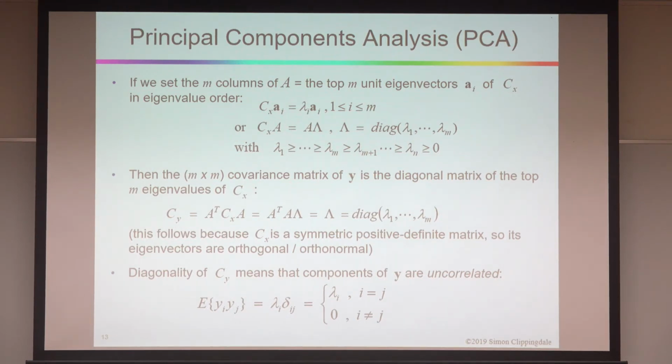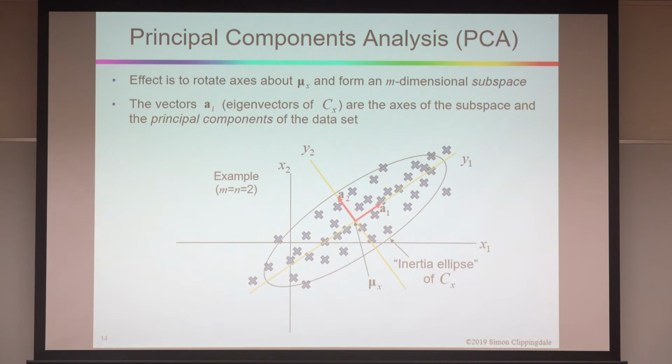Okay, so moving on. The way that looks in pictures is like this. This is an example of a two-dimensional signal vector, components x1 and x2. And here's a load of data, these blue crosses. And you can see from the way the data's spread here that there is a significant correlation between x2 and x1. When x1 tends to increase, x2 tends to increase as well.